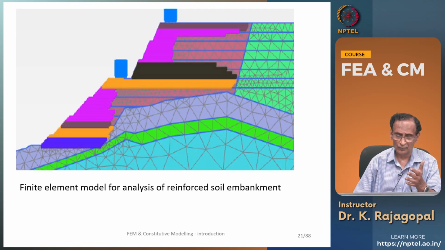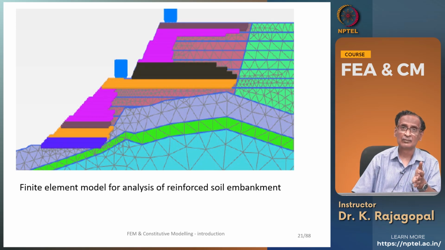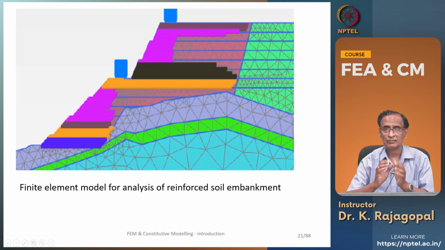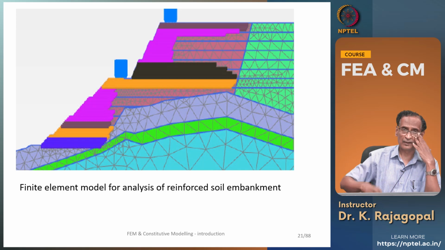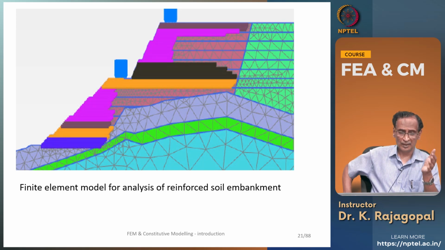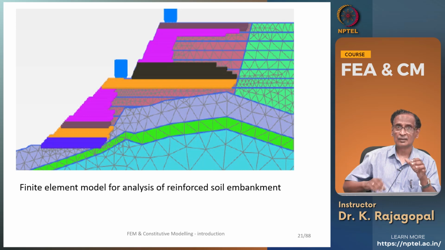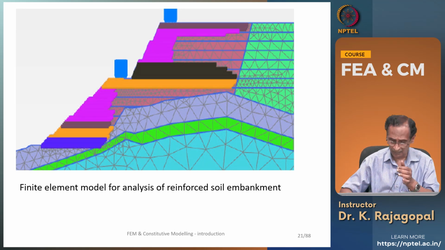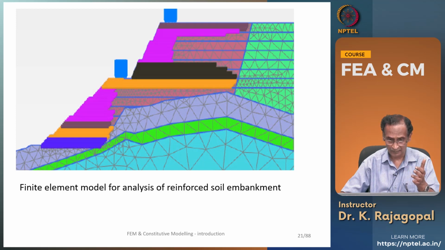Or we can go in for the full-fledged finite element analysis that will tell us the forces developed in the reinforcement layers, and what the deformations are, and we will be able to include the actual geometry. We don't need to simplify any specific weak spots of the soil or anything. Then we can easily incorporate the phreatic surface and the external loading and so on, and then do the finite element analysis and get our factors of safety.